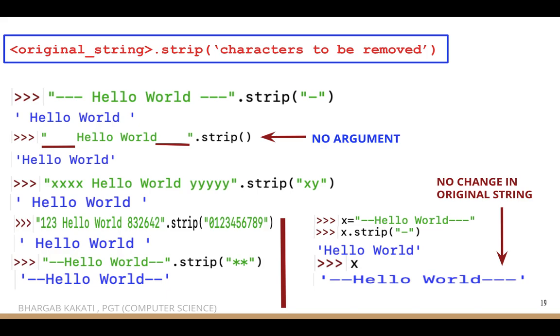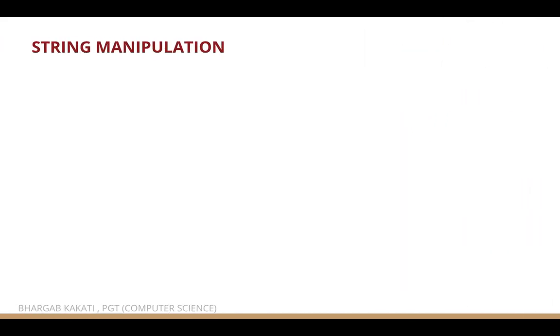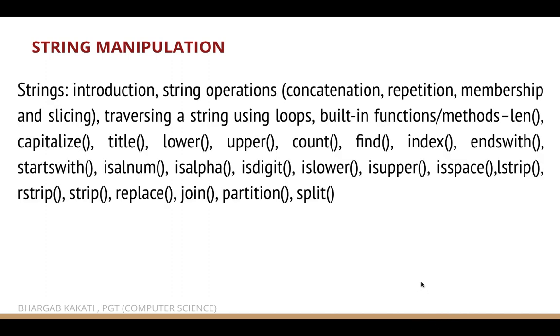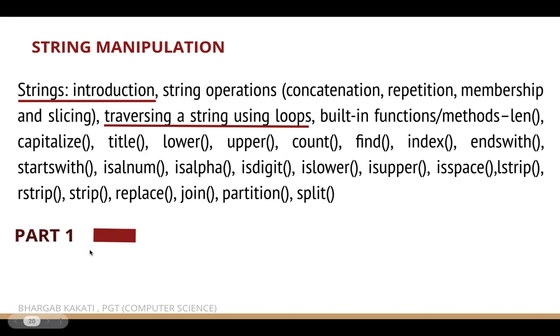Alright, so with this we have come to the end of this part and to the end of this particular chapter as per the current curriculum. So this is the curriculum as per CBSE. The parts highlighted in brown are discussed in part 1 of this chapter. You can go through part 1.